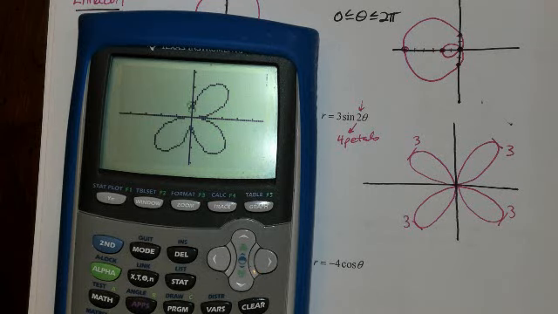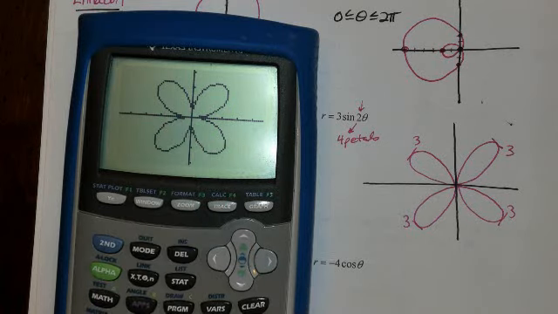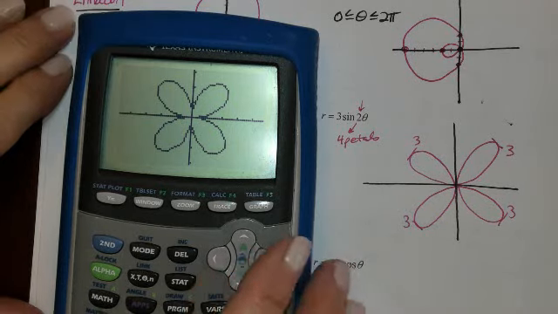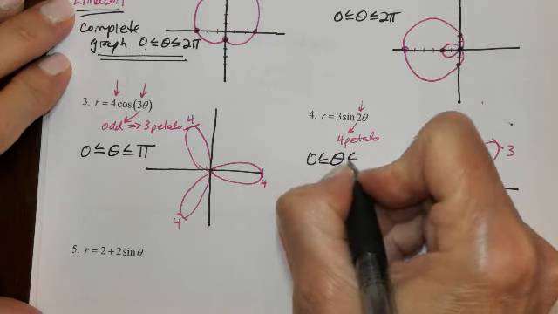I think we're going to get it all. Okay. All right. Notice that there is some error in this graphing calculator. It doesn't show all these petals going to the origin. We have to know that they are going there, though. Sometimes you have to interpret these correctly. So this one needed 0 to 2 pi.